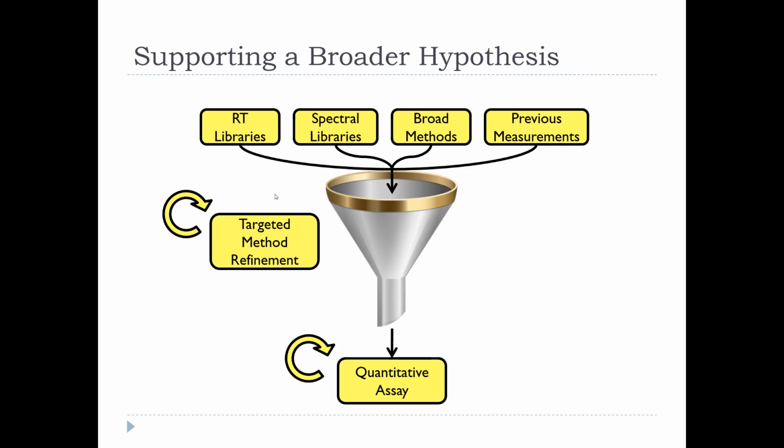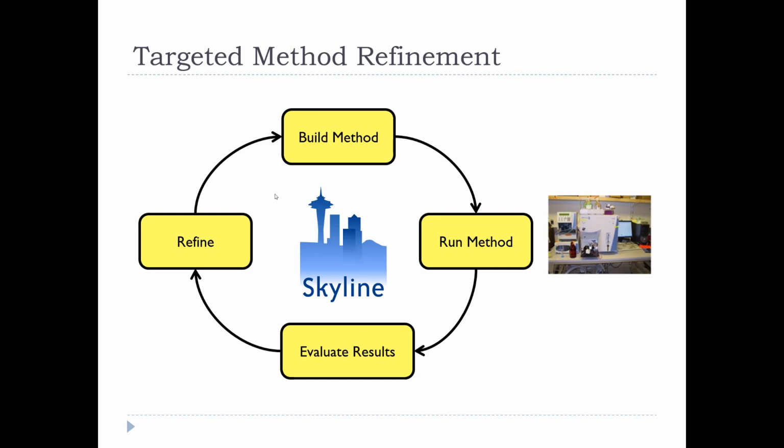So this is pretty much where we're starting, with RT libraries, so those are iRT, spectral libraries, broad methods, and then use any other previous measurements to inform what we measure when we enter this targeted method refinement cycle. And that cycle, which we're trying to make people actually doing targeted proteomics very familiar with, is this: you build a method, you run the method on the mass spectrometer, evaluate the results, refine, and keep going around here before you start doing your highly multi-replicate methods.